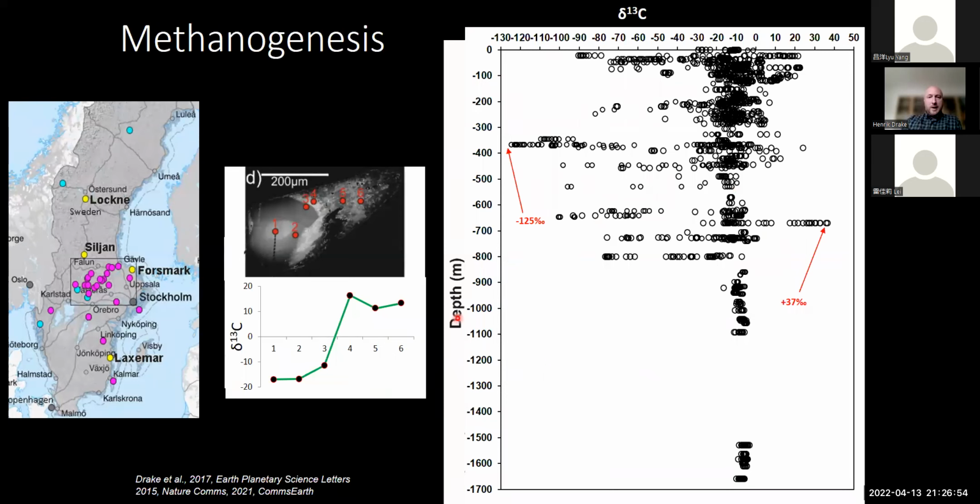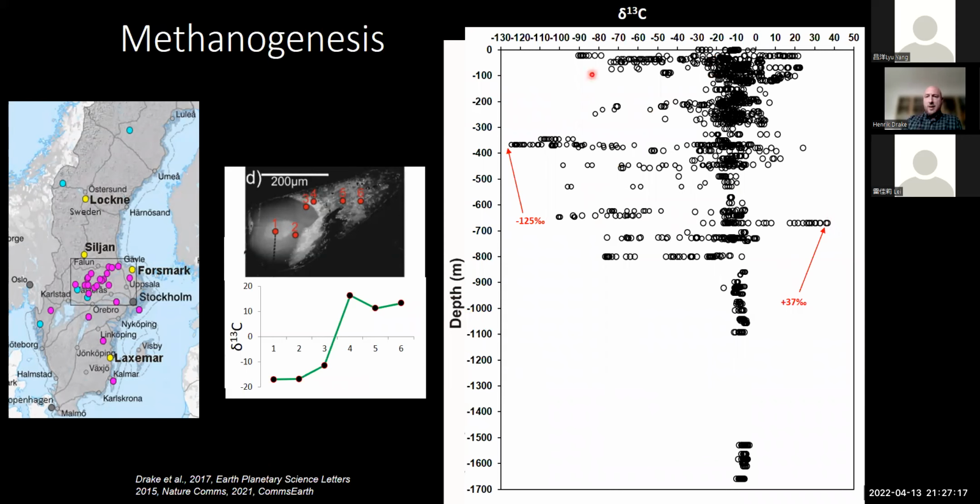And when we compile all of the studies we have from Sweden, we can find that we have extreme ranges in carbon isotopes, down from -125 up to +37 per mil. That is among, I think, also the heaviest isotope compositions on Earth, as I know it.